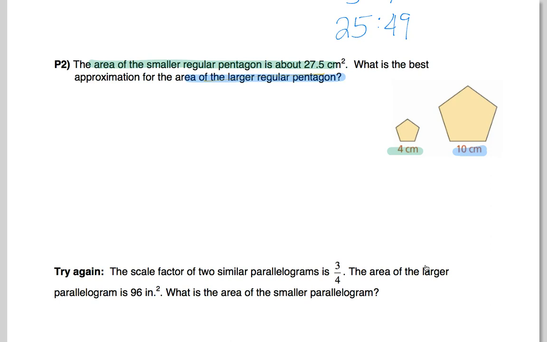And since we are dealing with area, when we do 4 over 10, because that's the scale factor, we need to do 4 squared and 10 squared. Since 27.5 is the smaller, that's going to go up top. And the x goes down below.